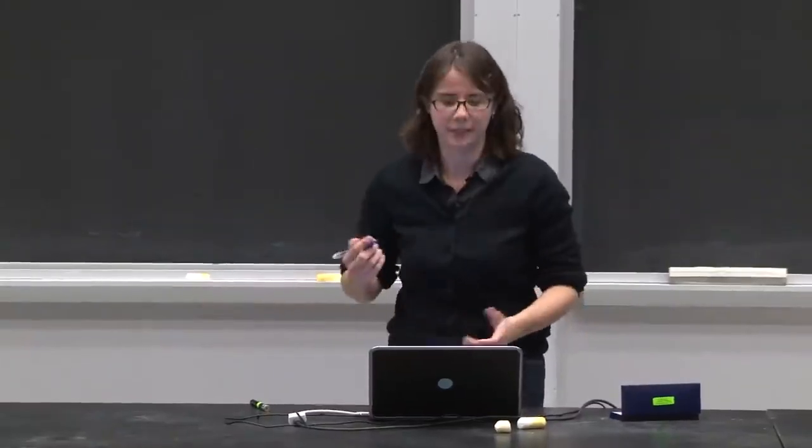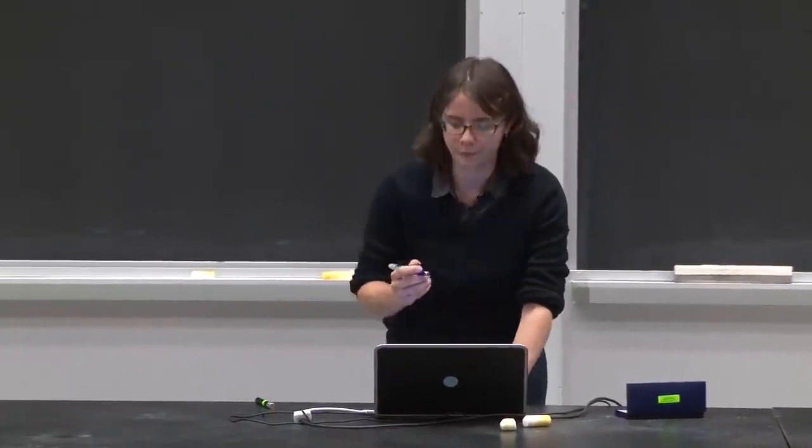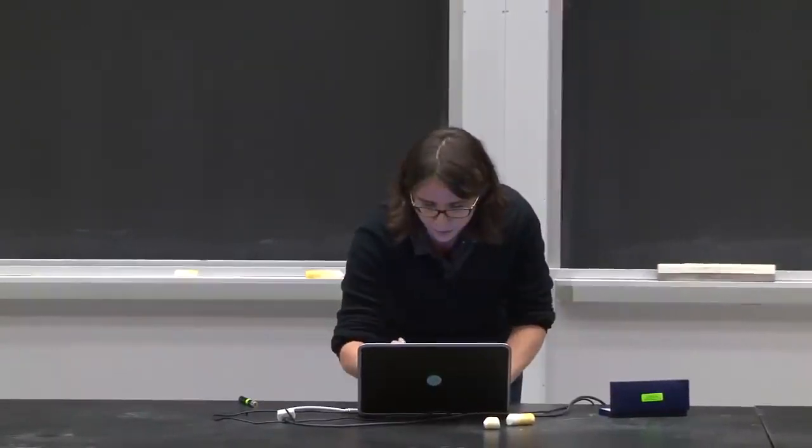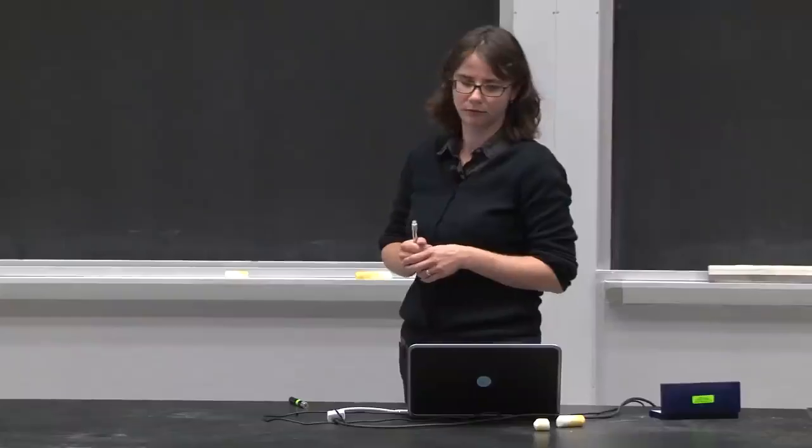And you just count. So S, starting from 3 and going till 6, is going to start here, 3, right? So it's going to come up with D, and then we're going to take E, and then we're going to take F. And since we're going until stop minus 1, we're not going to take G, right? Because this is position 6, and we're going until 6 minus 1. Okay?